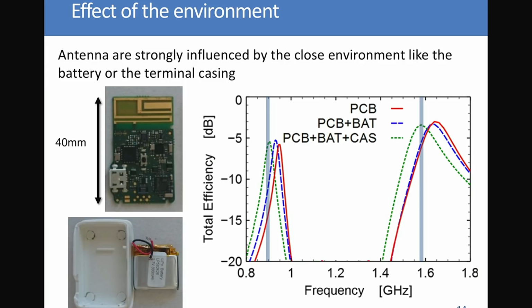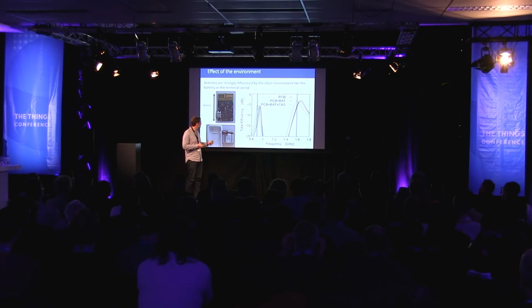And if you add the casing, you shift the frequency even more. So of course, if you want to cover the 900 MHz band with good performance, you need to be very careful in your design and take everything into account. For example, for the battery, you have to be sure about its position, and the casing, to have something very, very robust.